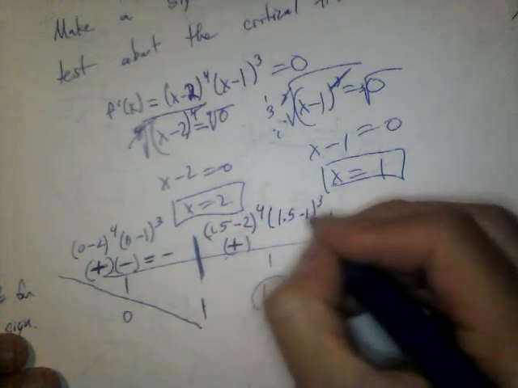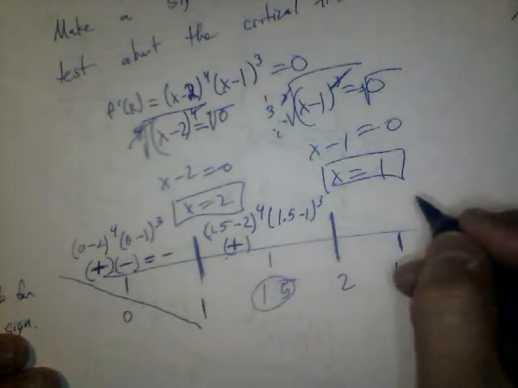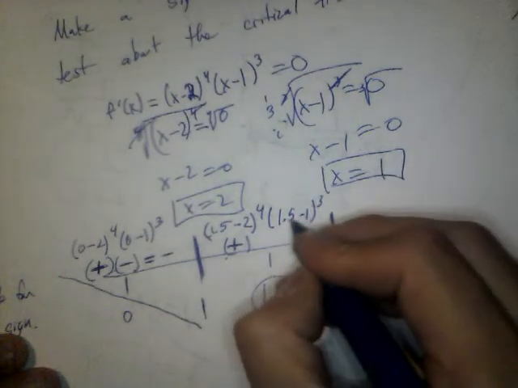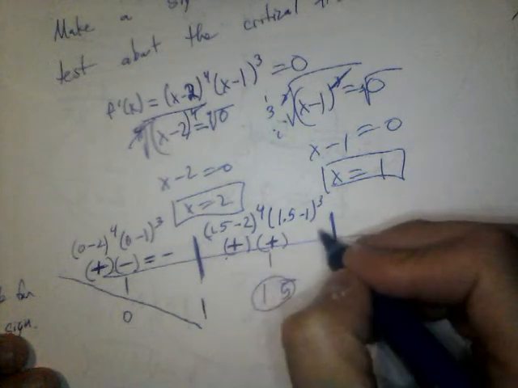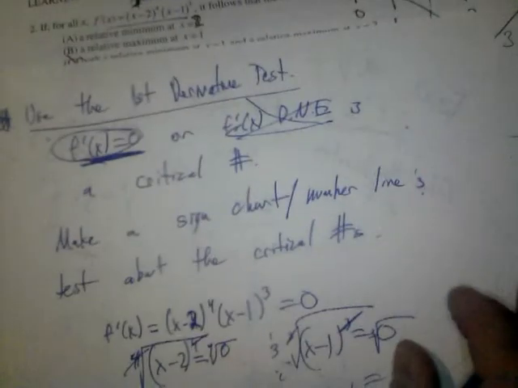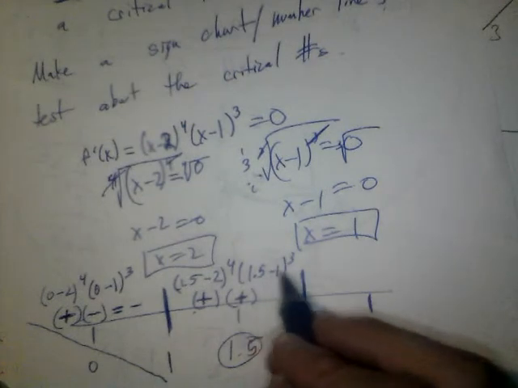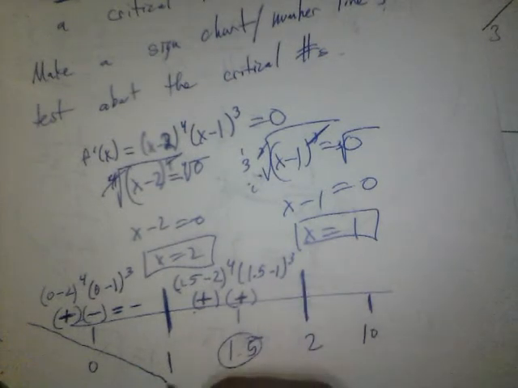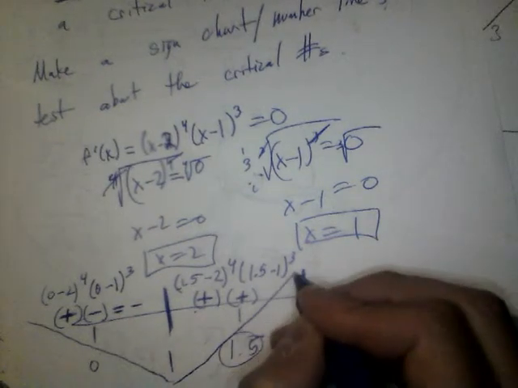And then 1.5 minus 1 is going to be positive 0.5. So positive times a positive is a positive. This means the function actually starts to increase here.